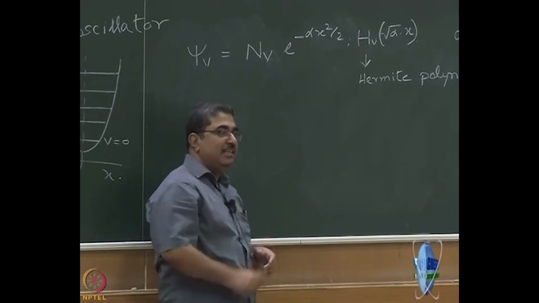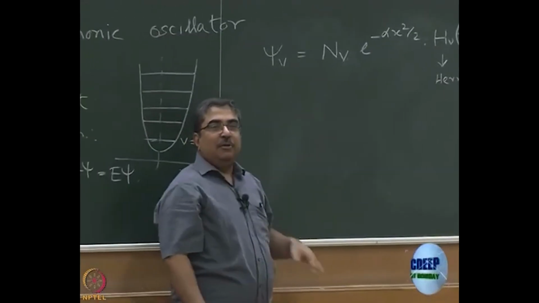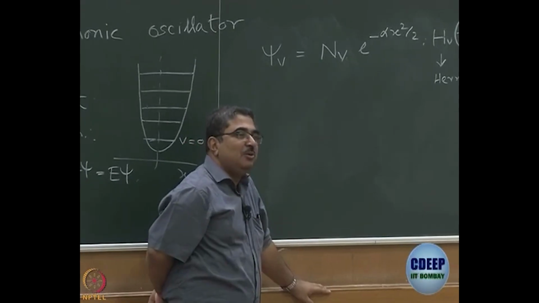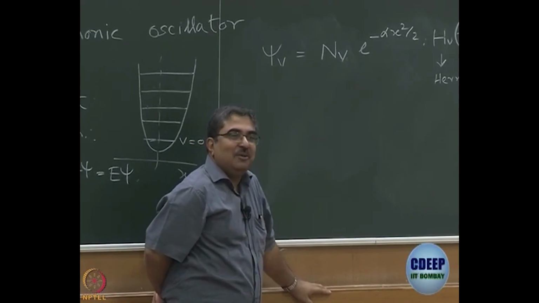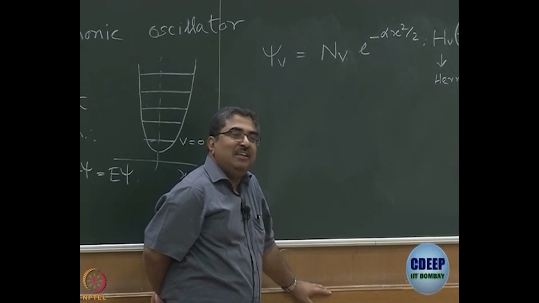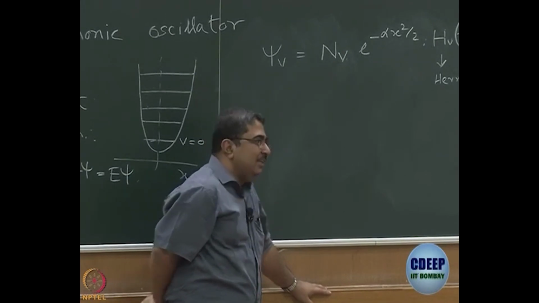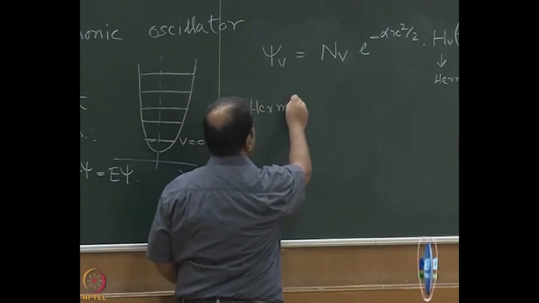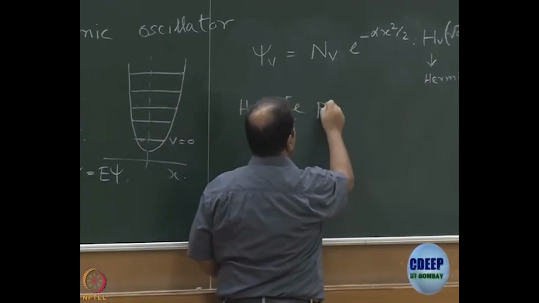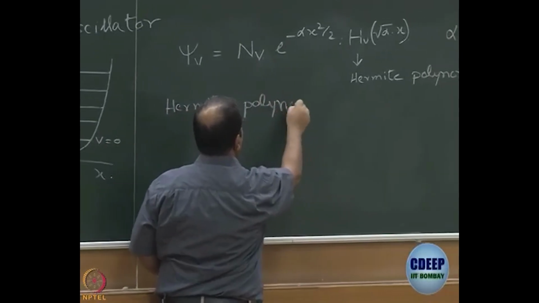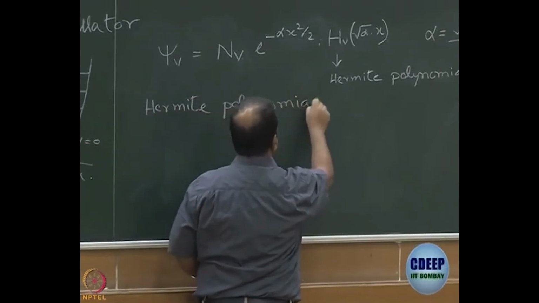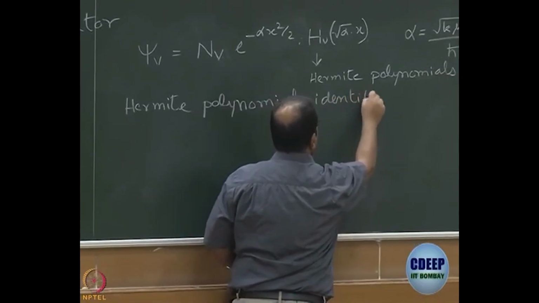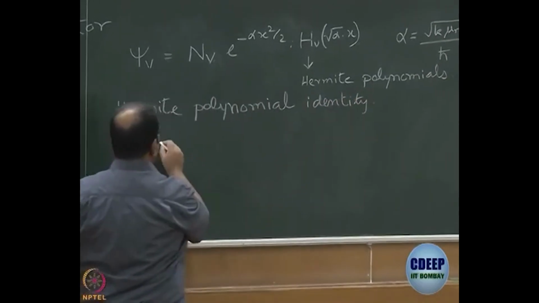And should I write it now? Should I write it later? I will write it now. Like our old friend associated Legendre polynomials, these Hermite polynomials are also not unrelated to each other. They are also related to each other by a very similar kind of relationship. In this case, it is called the Hermite polynomial identity. And this is how it is generally written.